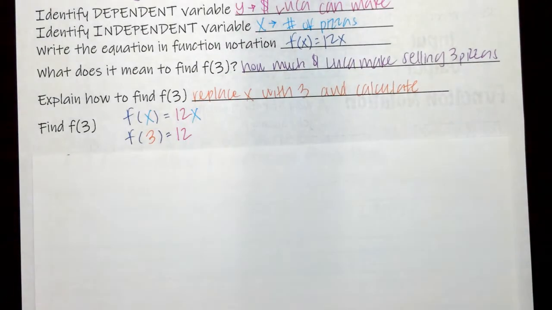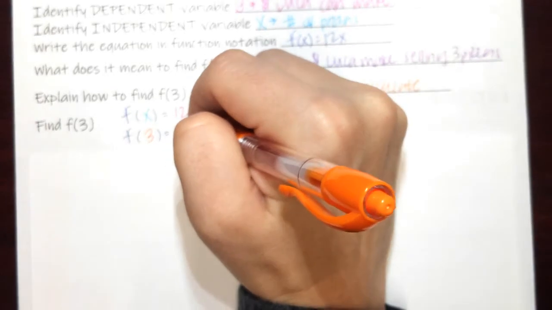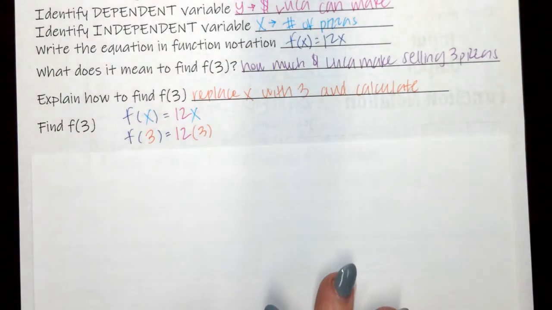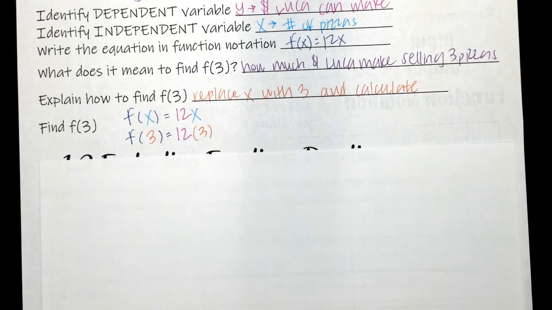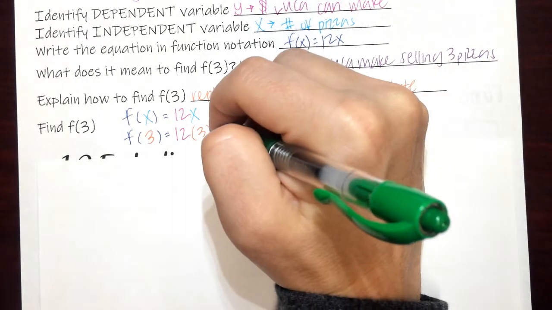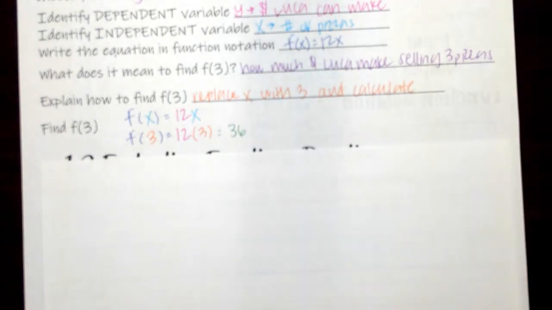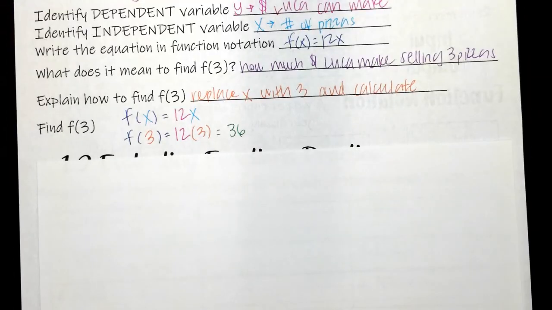So I'm just replacing that x with 3, and f of 3 equals 36. So if we sold 3 pizzas, we would make $36.